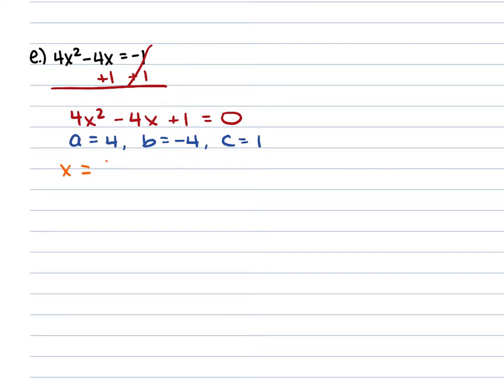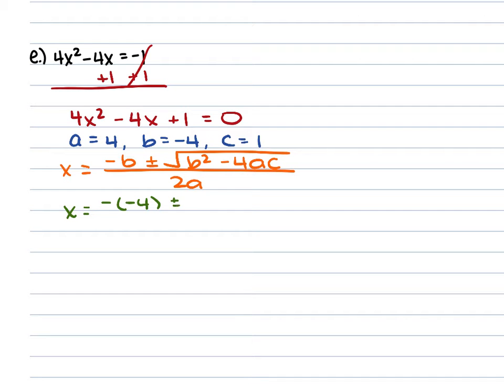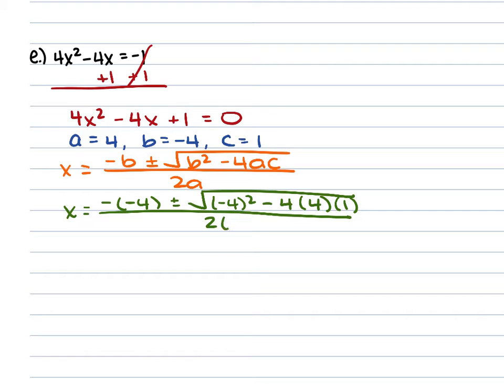Using our quadratic formula, which is negative b plus or minus the square root of b squared minus 4 times a times c, all over 2 times a, we're going to have x is equal to the opposite of negative 4 plus or minus the square root of negative 4 squared minus 4 times 4 times 1 all over 2 times 4.